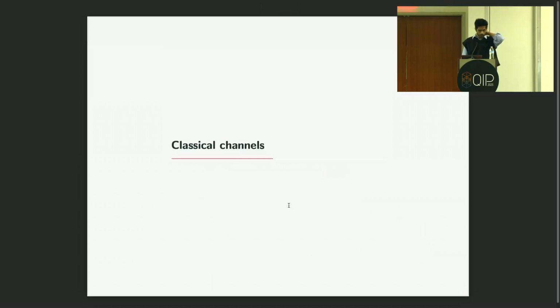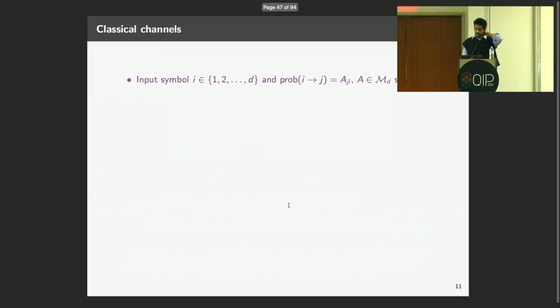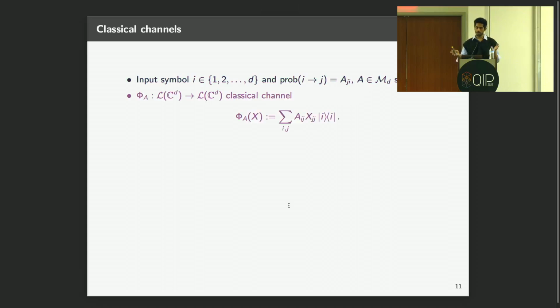Let me quickly tell you about what happens in the classical case. So classically, you have some stochastic noise, and you have a Markov chain, essentially, some input symbols, and you have the stochastic matrix, which governs the transitions. So since all the notation I used was for quantum channels, let me embed the classical into the quantum like this. So this is just a channel that completely decoheres everything on the off diagonal, and on the diagonal, it just acts like this stochastic noise.